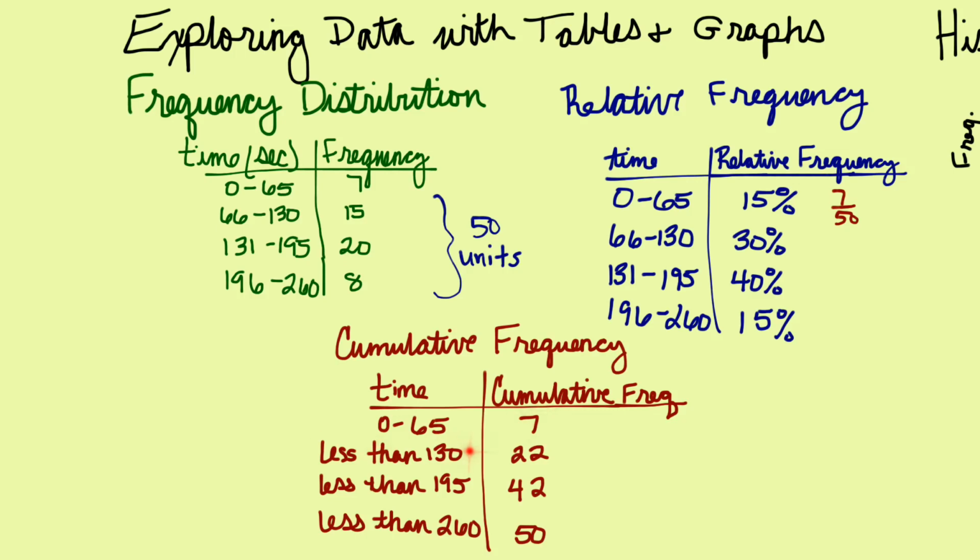Less than 130 seconds, we did 15 and also 7, which gave us 22. Less than 195 gave us 20 plus 15 plus 7, which gives us 42. And less than 260 gives us all these units, so 8 plus 20 plus 15 plus 7, which gives us 50.